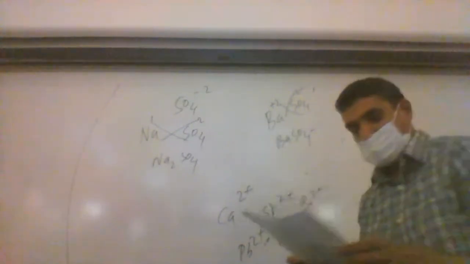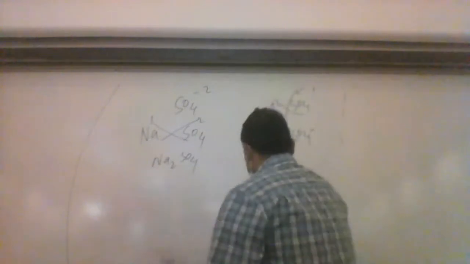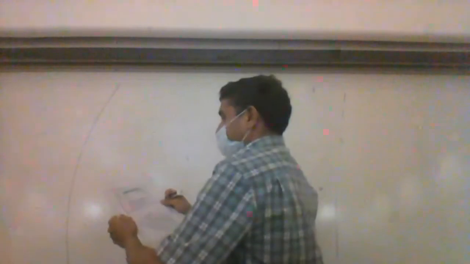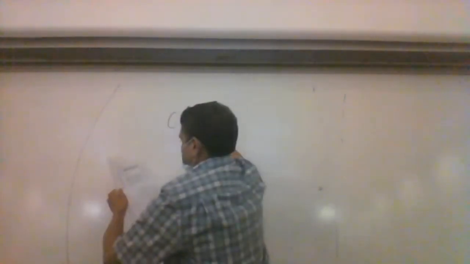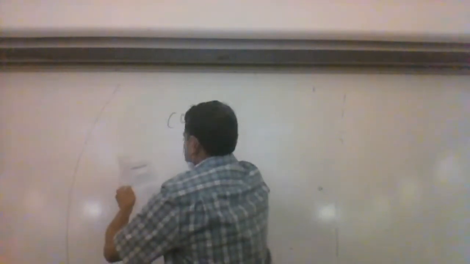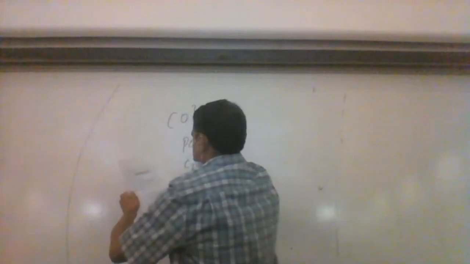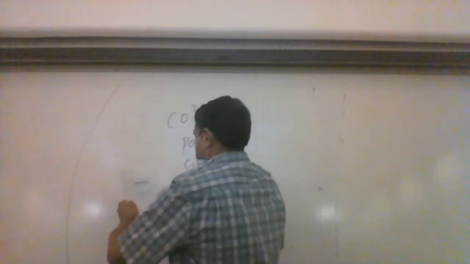Then let's look at slide number 12. We still have some time. Slide number 12. What it is saying is that the first column shows if a compound has carbonate CO3 2-, phosphate PO4 3-, oxalate C2O4 2-, CrO4 2-, S2-.